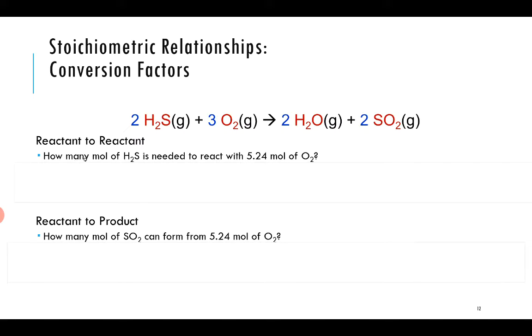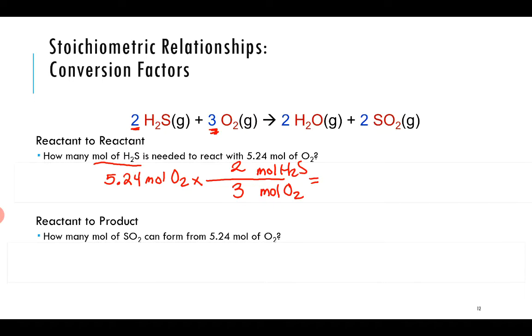It says how many moles of H2S is needed to react with 5.24 moles of O2. And so I can start with my 5.24 moles of O2. I need to cancel out my moles of O2, and I need to find moles of H2S. And so I need to find my coefficient for O2, which is a 3, and my coefficient for H2S, which is a 2.